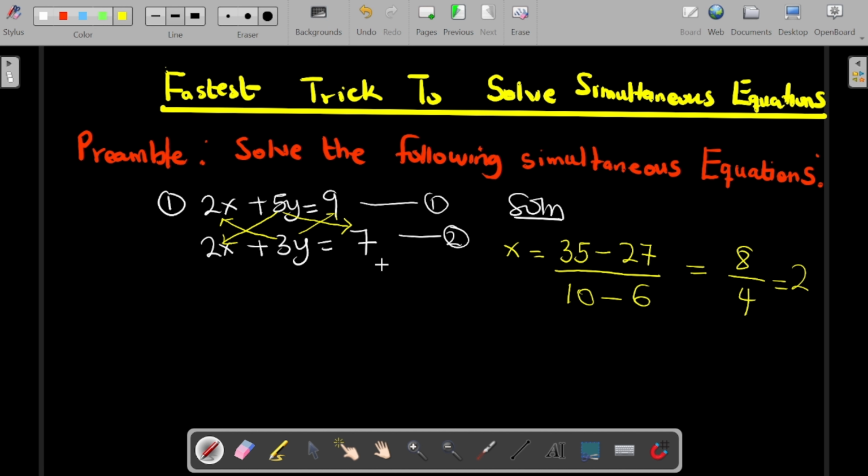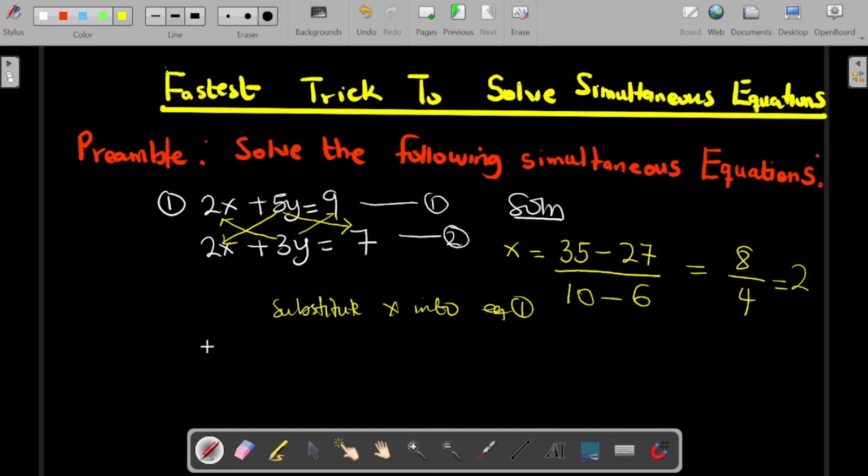2. Once we have found our value of x, to find y, we can substitute the value of 2 into either of the equations. So let's say we substitute x into equation 1, our first equation.